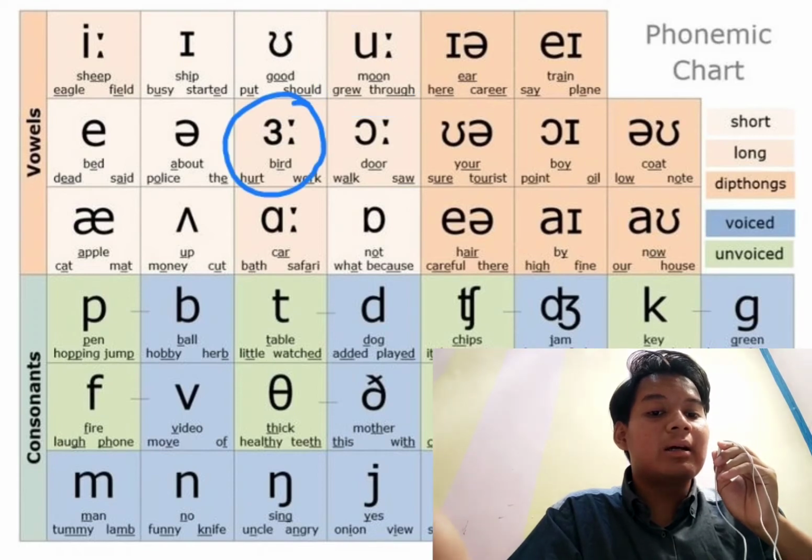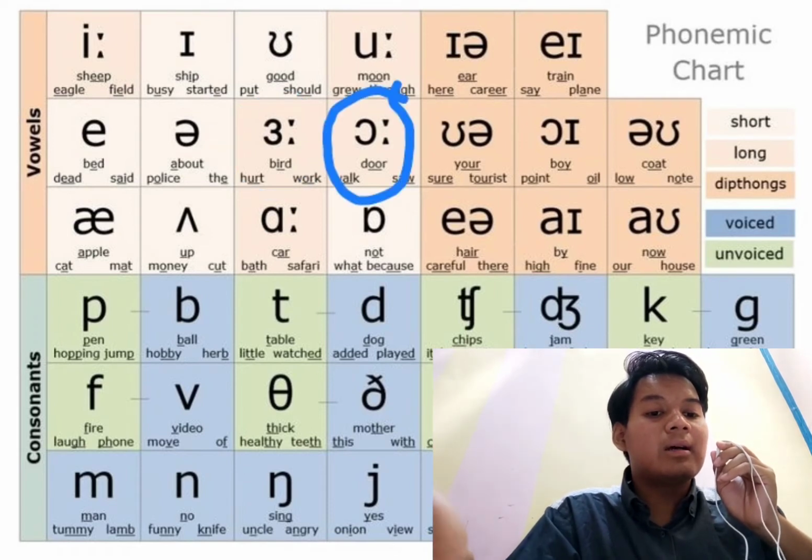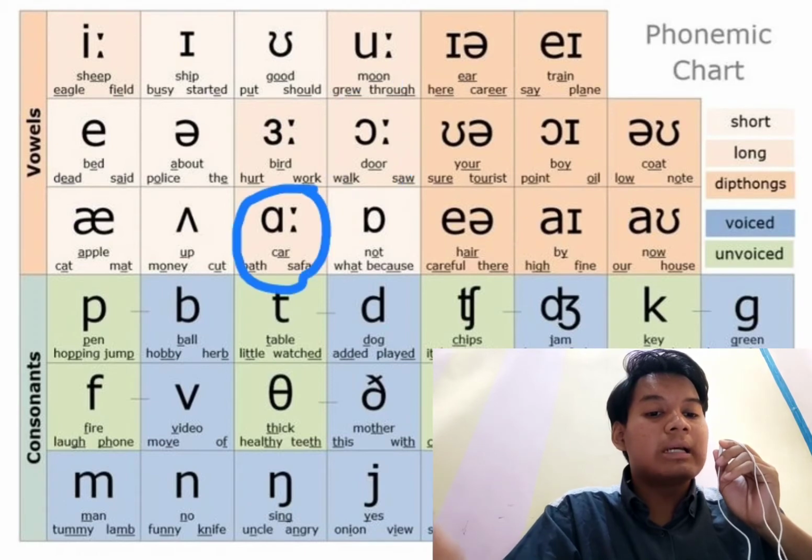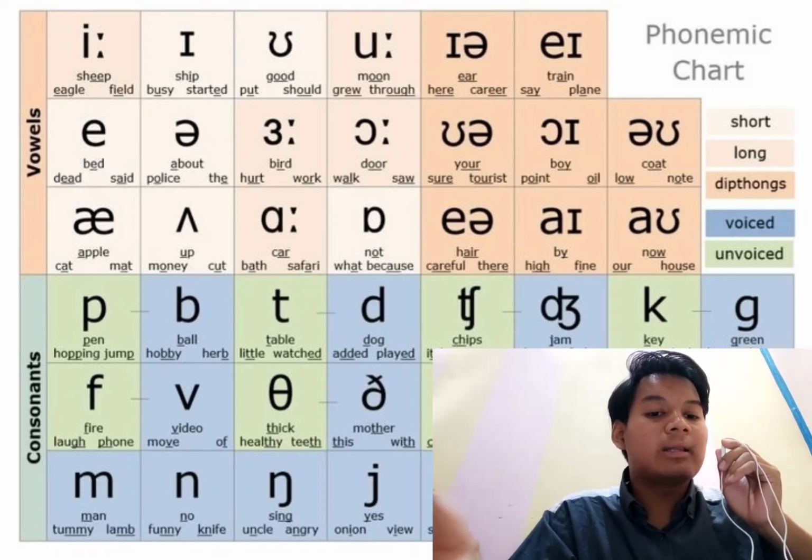Next, for example: bird, herd, work. And next, there is o. For example: saw, walk, door. And next, for example: car, bed. And that is long vowels.